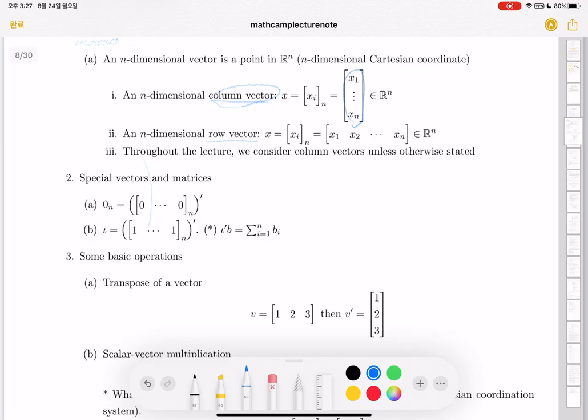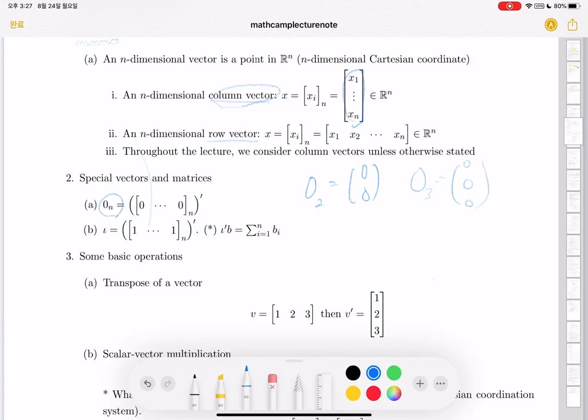We are going to use special vectors and matrices. For example, here, this notation, 0 subscript n, is an n-dimensional zero vector. So it's the origin of n-dimensional Euclidean space. So 0 subscript 2, for example, is 0, 0. 0 subscript 3 is 0, 0, 0.